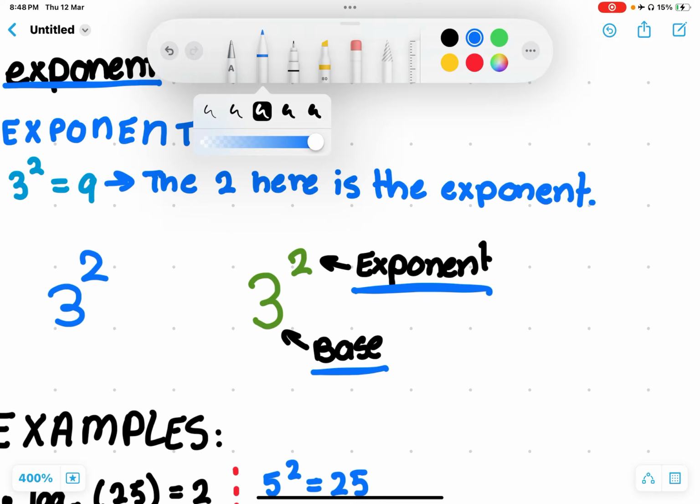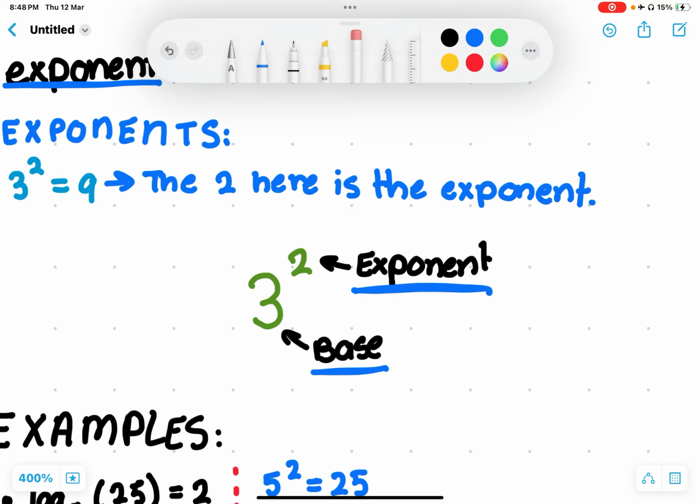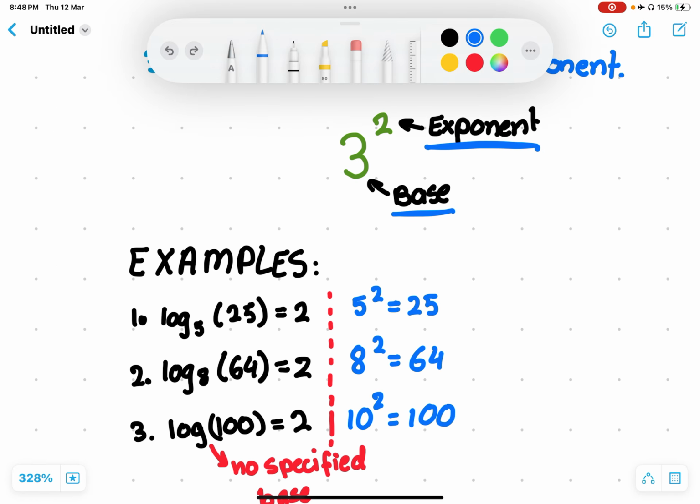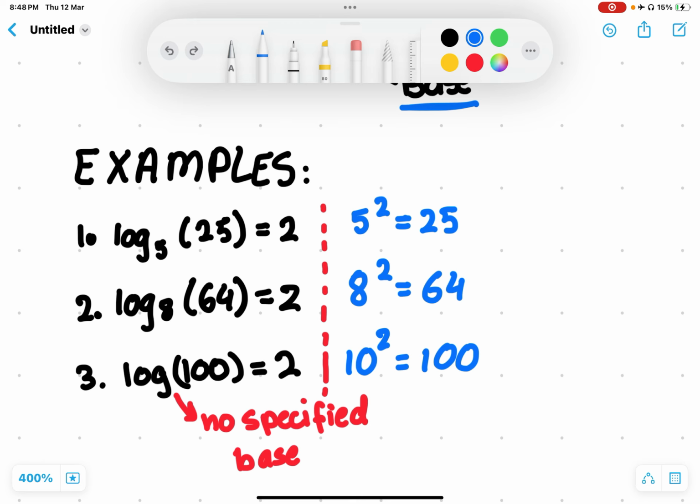So the number which is being manipulated over here is 3, and that is our base. It's on the bottom, so it's the base. The exponent sounds a bit fancy, it's up there, that's why. So the exponent is the top number and the base is the bottom number. Cool. So let's look at some examples now.